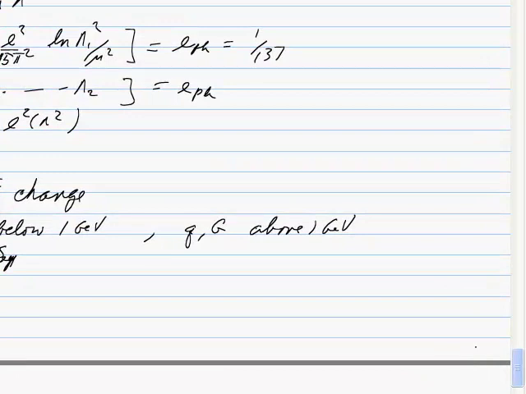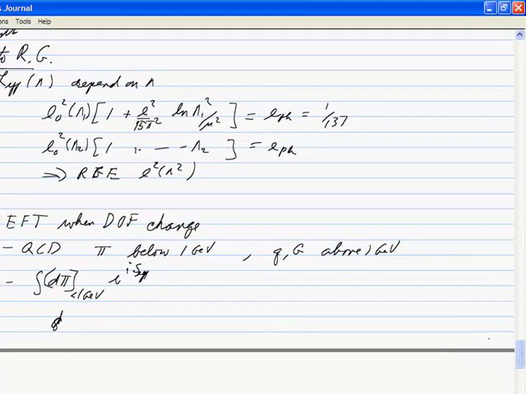Because the portion of the theory that you might consider, the integral is if I had d pi greater than 1 GeV, that's pretty meaningless. Okay?